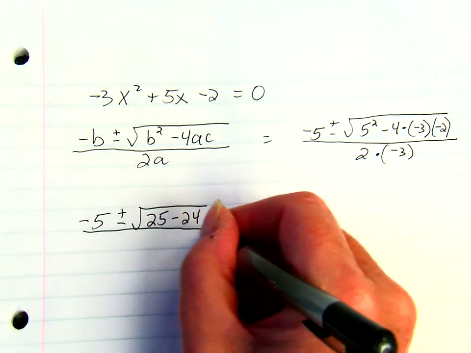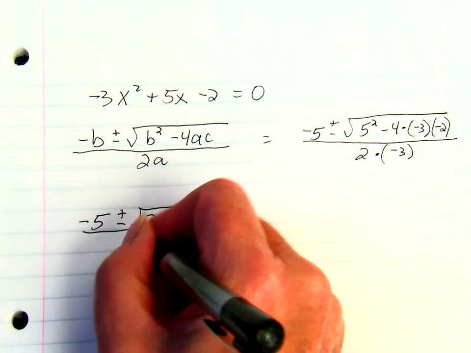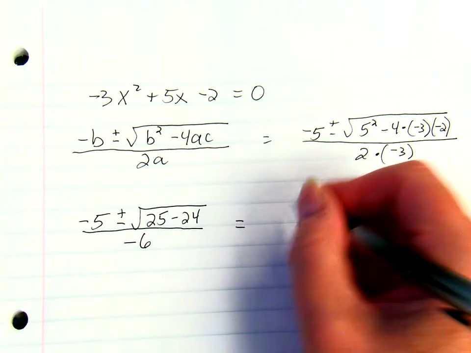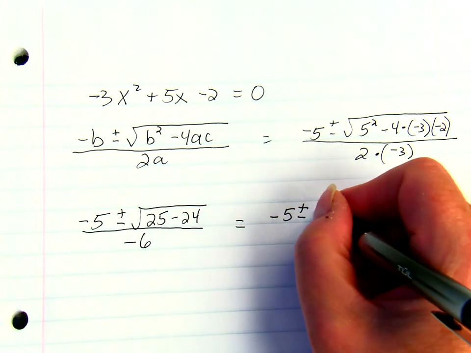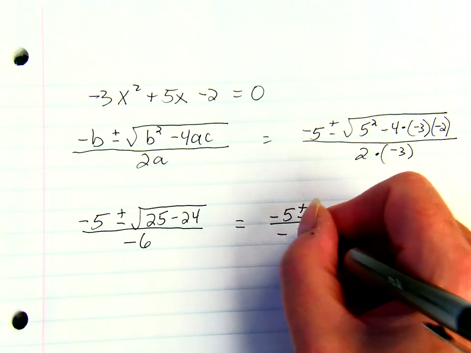Look at that, it just made it. And all over negative 6. So this is going to equal negative 5 plus or minus 1 over negative 6.